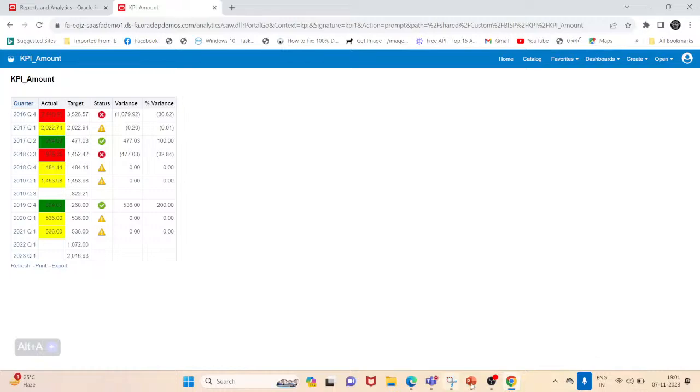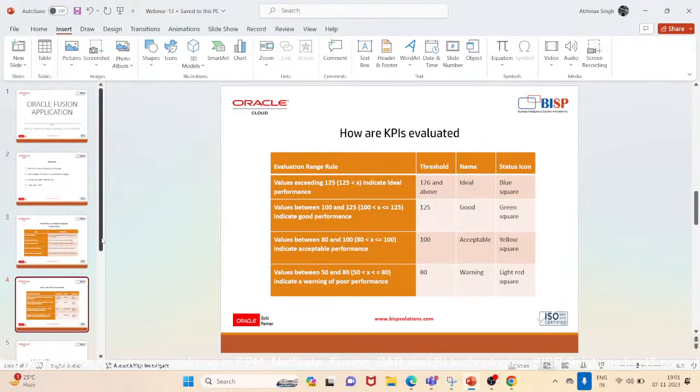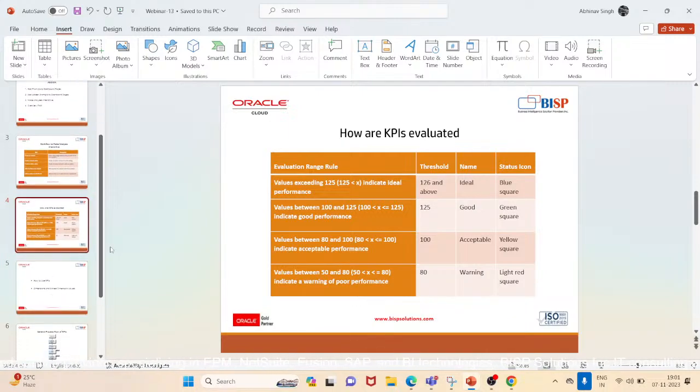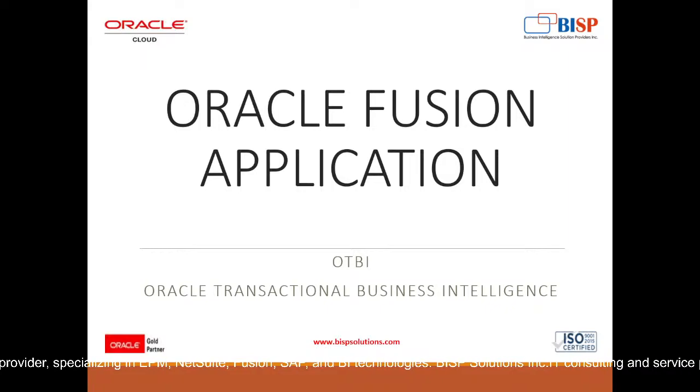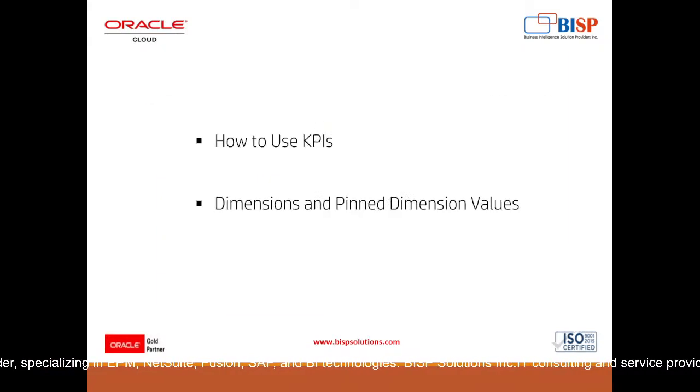Let's just go ahead and see what dimensions and pin dimensions are. So dimensions are a categorization of data, and the categorization reflects how a business analyst wants to analyze data.